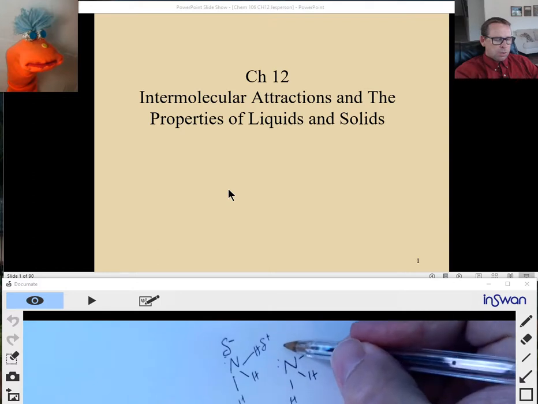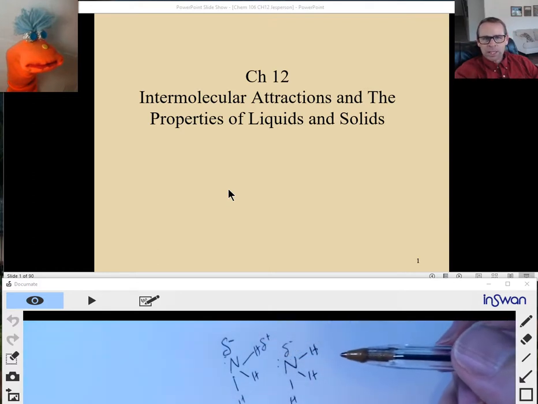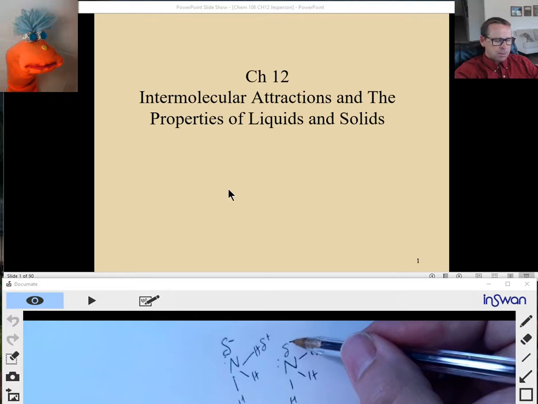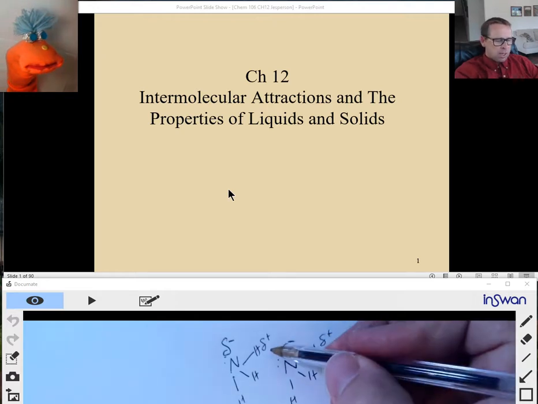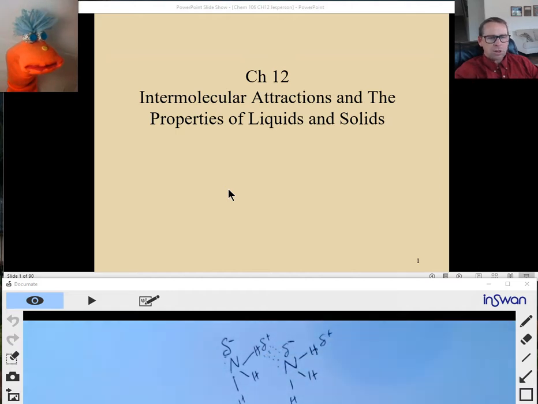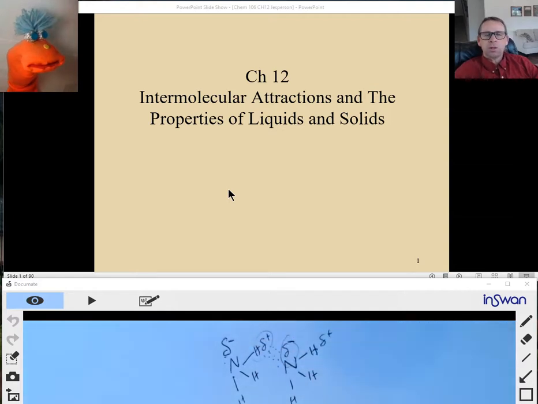And so a neighboring molecule, and that's what we call these, intermolecular, which means between molecules. A neighboring molecule will have a delta minus partial negative charge here and a partial positive charge here, and that will result in some interaction between this slightly positive end of one molecule and slightly negative end of another molecule. Okay?